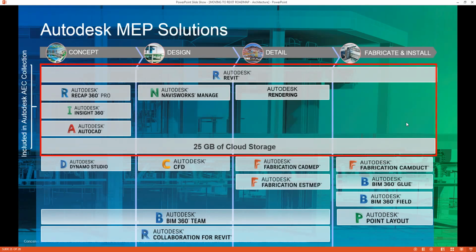Then outside this area, I need to get more detail about Fabrication CADmep and SMA, but what I know is that Fabrication MEP helps in the fabrication of ducts. For AC you need ducts, and you need to show how they come together. That's what I understand at the moment.